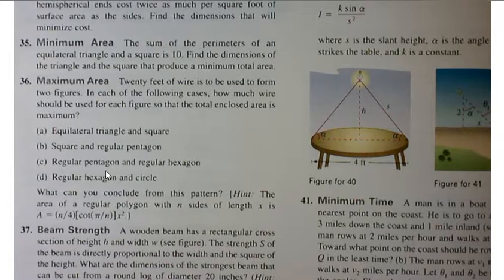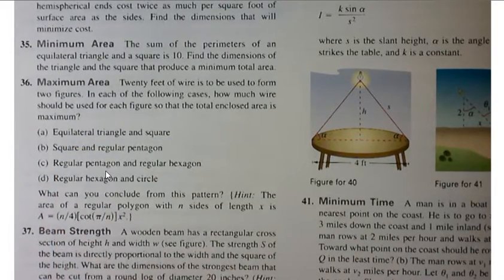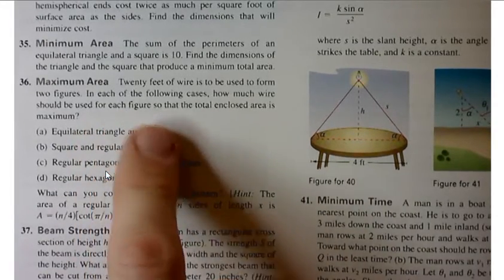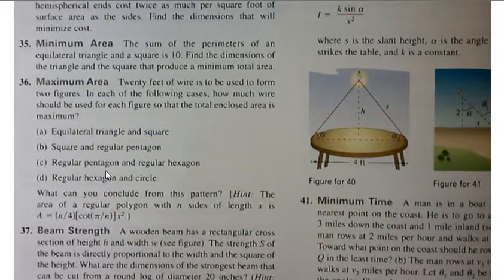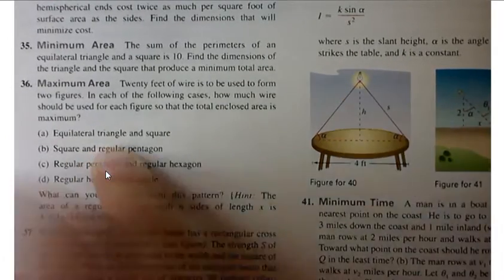So we've got 20 feet of wire to be used to form 2 figures. An equilateral triangle and a square. So we want to figure out how much wire should be used for each figure so that the enclosed area is a maximum.